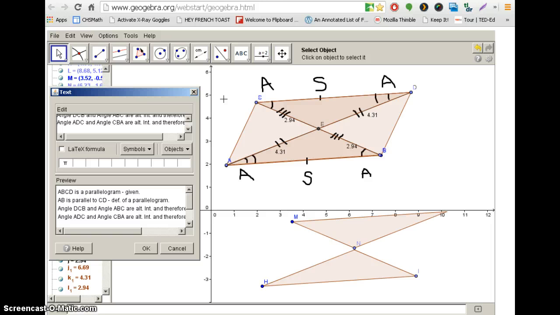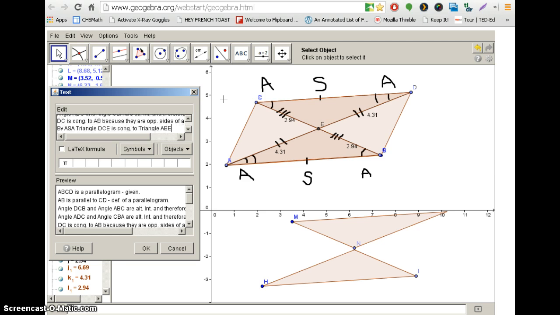And we also have the sides because, okay, so we have side CD is congruent to AB, because opposite sides of a parallelogram are congruent. Okay, and so therefore by angle side angle, triangle DCE is congruent to triangle ABE.